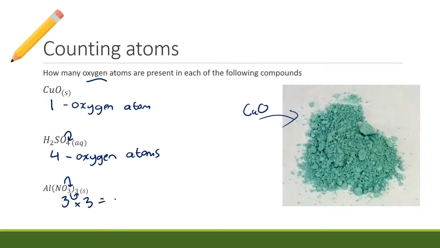So 3 times 3 is 9 oxygen atoms. There are also 3 nitrogen atoms. It's exactly the same as the previous one that I did in today's attendance question. Remember, NO3 with a 3 outside just means that there are 3 copies of NO3. So if you count 3, 6, 9, that's how you get your 9 oxygen atoms.